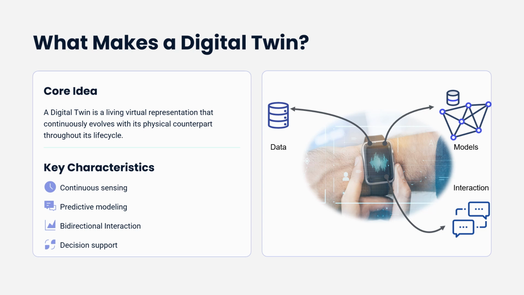It gradually becomes a better representation of you. Because the model evolves, it can estimate your current condition, predict what may happen next, and support better decisions. This is the core idea of a digital twin. A digital twin is a living virtual representation that evolves from its physical counterpart throughout its life cycle.